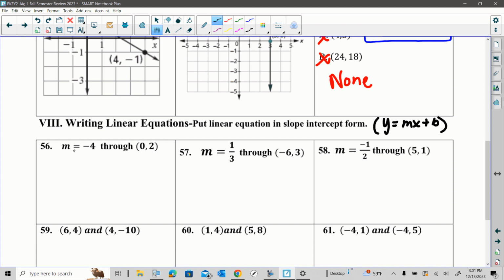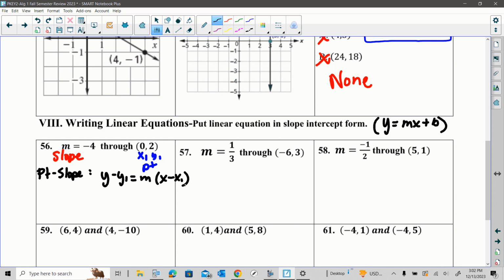But if you're given this m, which represents the slope, and this is our point, then we're going to have to start off with point-slope form, which is y minus y1 equals m parentheses x minus x1.